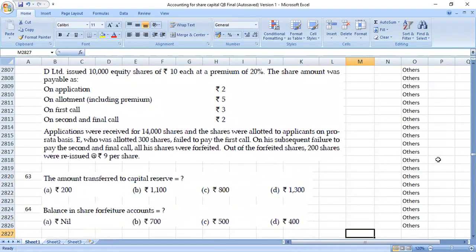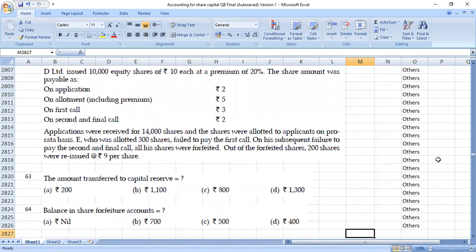Nice. Next question. Delimited issued equity shares of 10 each at a premium of 20%. The amount payable on application, allotment, first call, second call. Applications were received for 14,000 shares and shares were allotted on pro rata basis. E, who was allotted 300 shares, failed to pay the first call. On a subsequent failure to pay the second and final call, all the shares were forfeited.